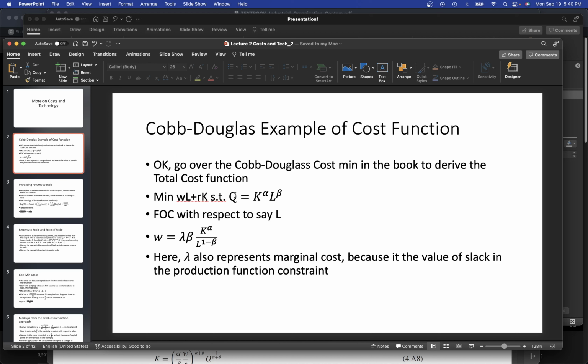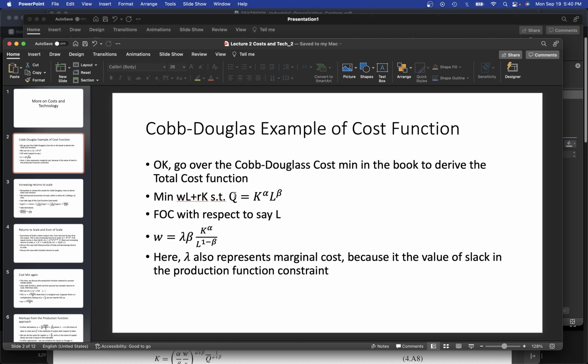So if there's a difference between the target and the production function, then lambda is the cost of increasing your output by 1 unit by hiring both K and L. So that's called marginal cost, right? Because the cost of producing 1 unit is essentially the same thing as marginal cost.